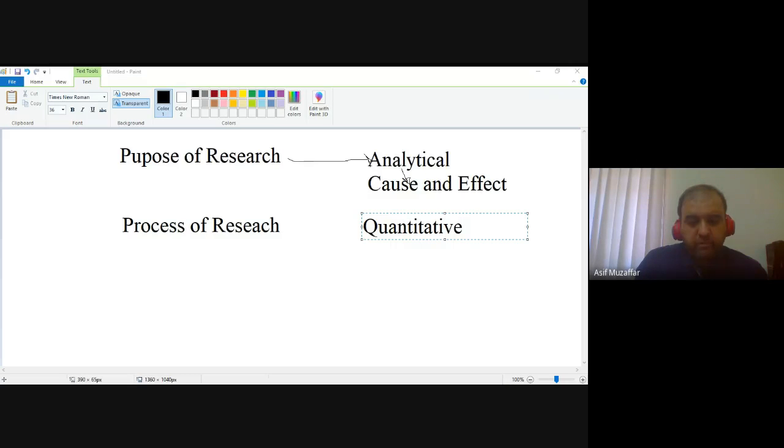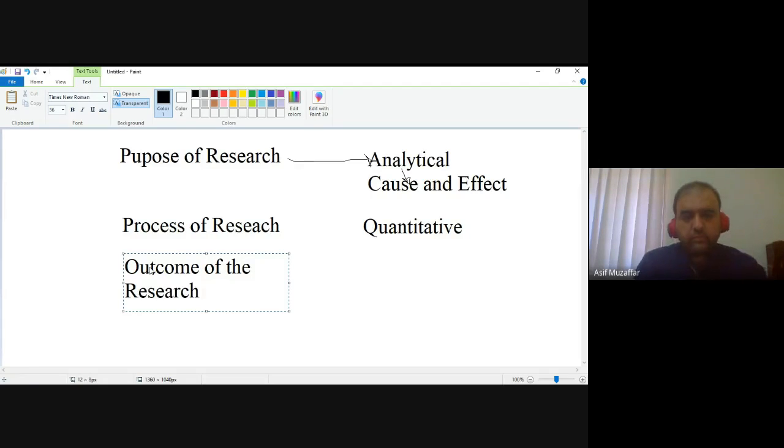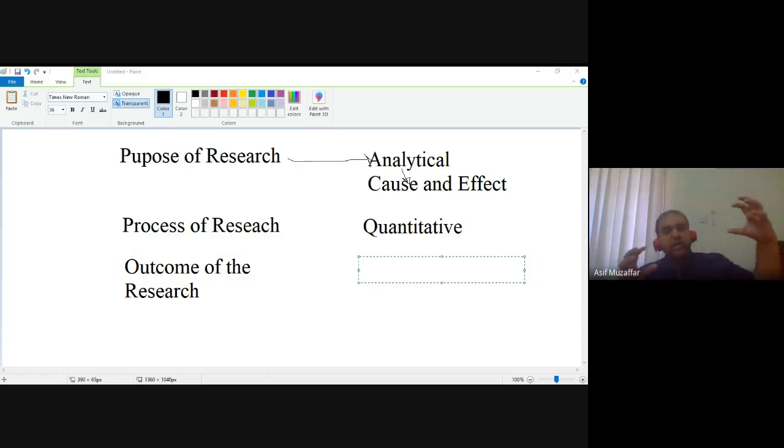Good. Moving forward, the third thing would be the outcome of my research. What should be the outcome of my research? Is it applied or basic? Let's say I'm not finding a solution to a problem. In my analytical research, I am just looking at the effect of variables on the other one.